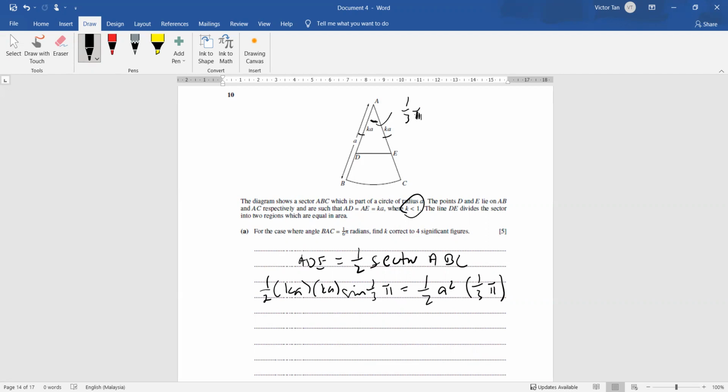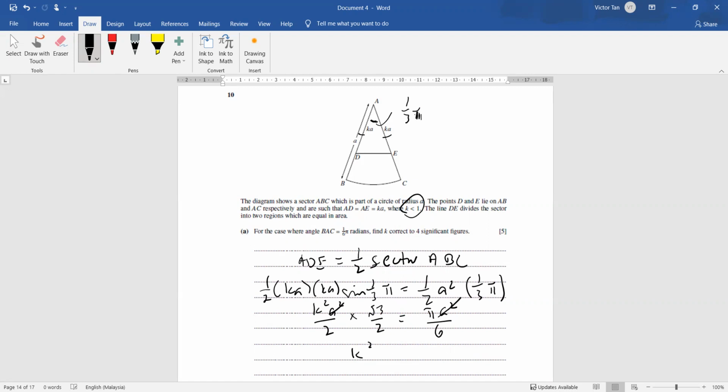So here you have K square A square over 2 times sine 1/3 pi, which is root 3 over 2, equals pi A square over 6.